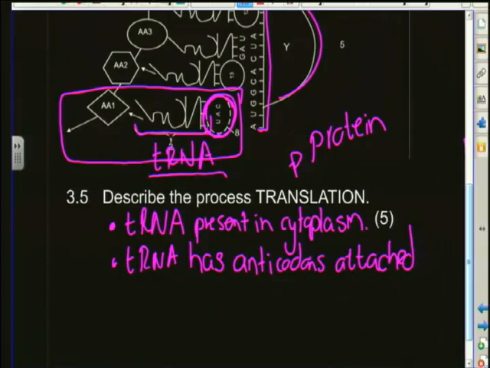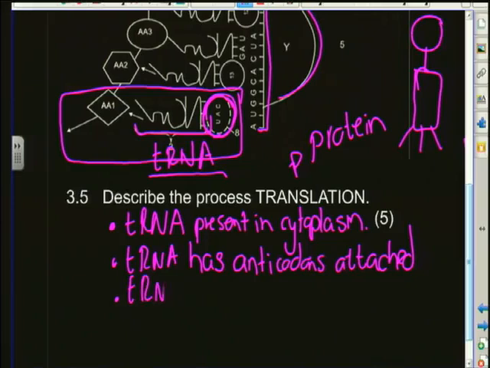Now, what else is attached to it? Remember, it's almost like a balloon. Here I've got my taxi, all right? And here I've got 3 little codes. And what do I go and get? What is the tRNA? It's a taxi, remember. What does it pick up?